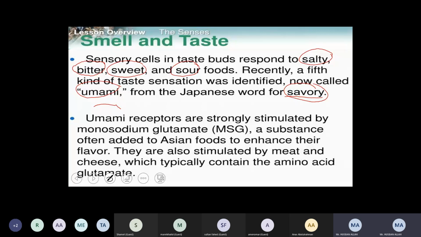So it is also stimulated by meat or cheese, because both of them contain amino acid. Which amino acid? Glutamate. And we are saying that monosodium glutamate, MSG, is a substance which is going to stimulate that receptor.